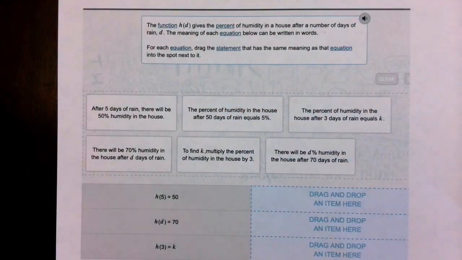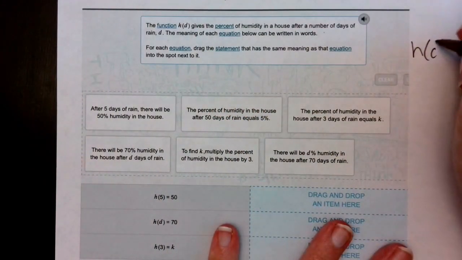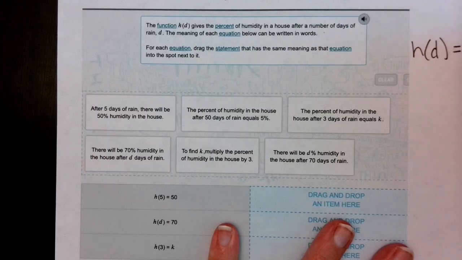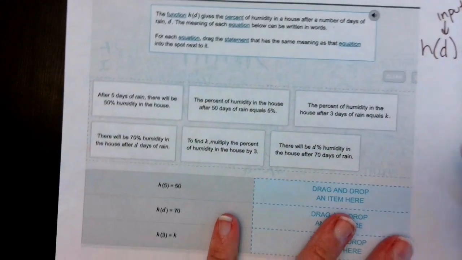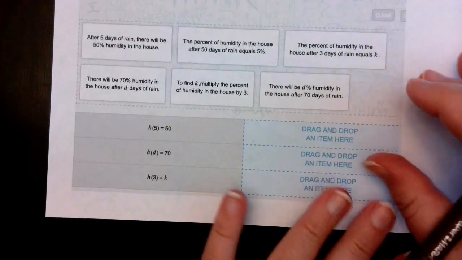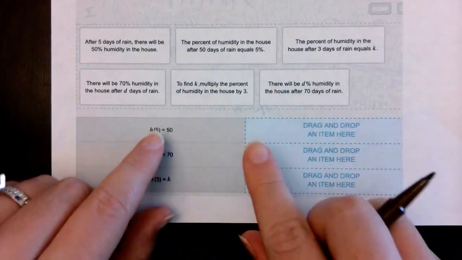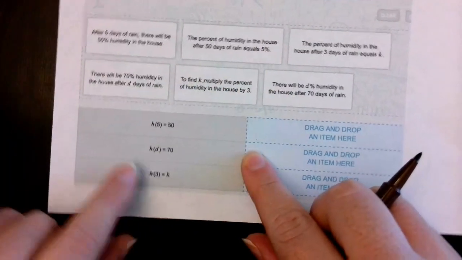So we're going to input days to figure out the percent of humidity. So inputting to get this output. So let's see. Let's look at the answers first and see which ones most go with it.